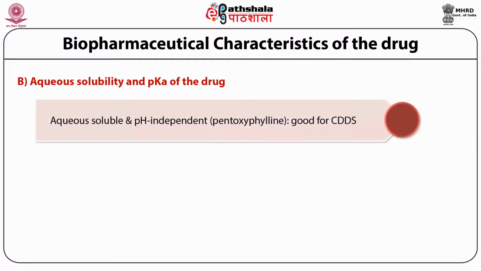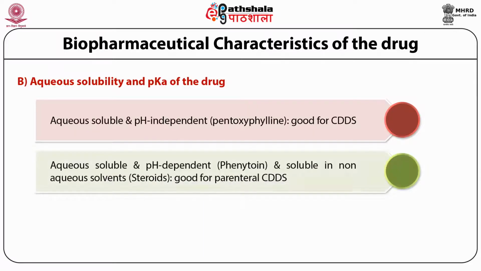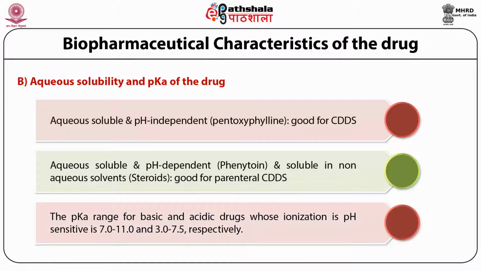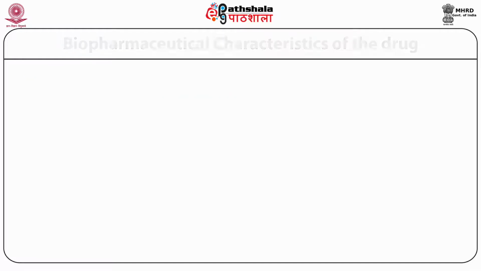Drugs should exist largely in unionized form for better absorption, and such drugs are good candidates for controlled drug delivery system. The pKa range for basic and acidic drugs whose ionization is pH sensitive lies between 7 to 11 and 3 to 7.5 respectively.